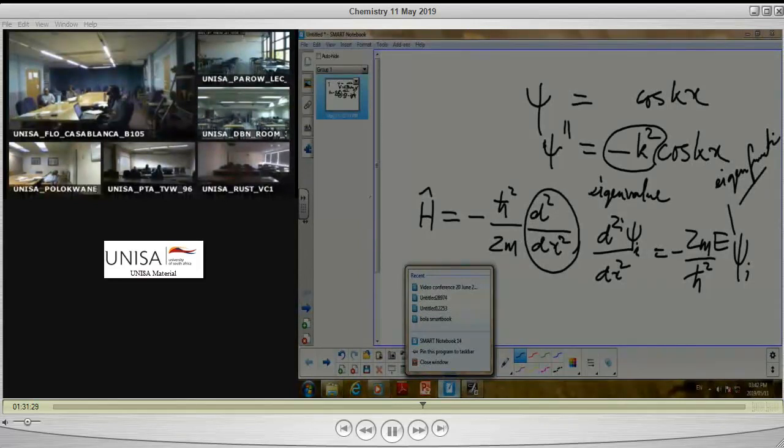And they give us these two eigenvalues, meaning that minus k squared is equal to minus 2me divided by that. That's what it means. Any questions?